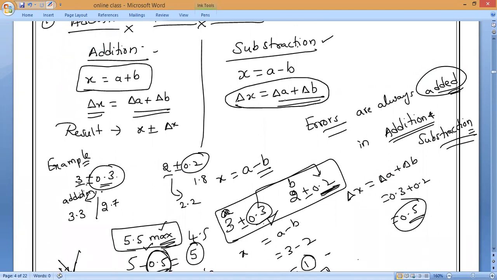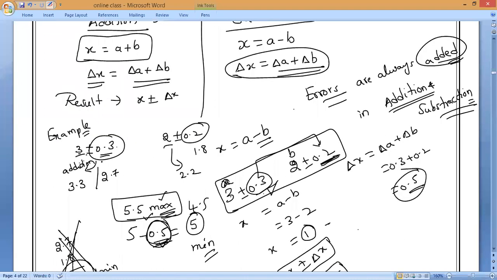Now delta x, the error, is what? 0.3 is the delta a and 0.2 is the delta b. Now whether you are doing addition or subtraction, it doesn't matter. Always the error should be added. That is the meaning.